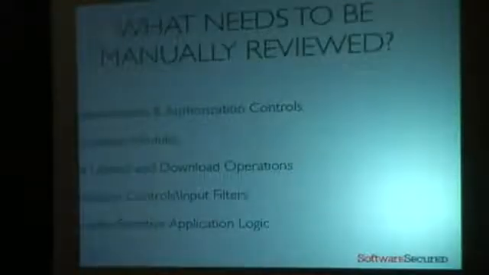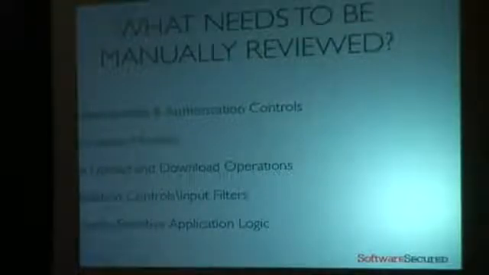So these are just examples of places or scenarios where a human is actually needed to look at the source code. So manual review is important, and these are the places that you need to look at: authentication, authorization controls, encryption modules, file upload and download operations, validation controls, whether they are performing correctly or not.